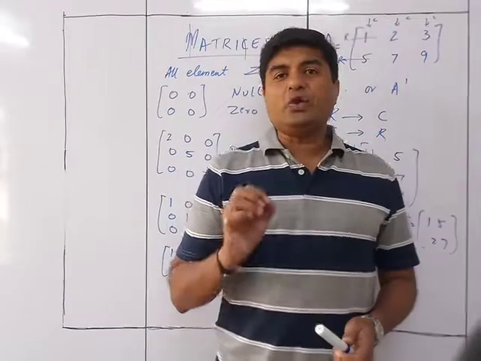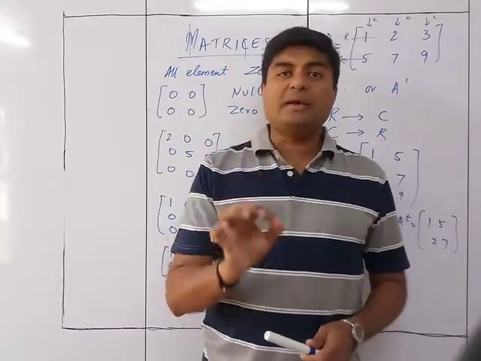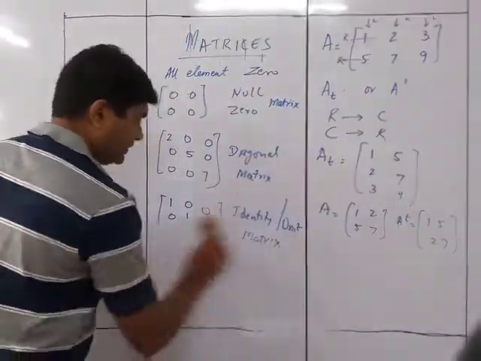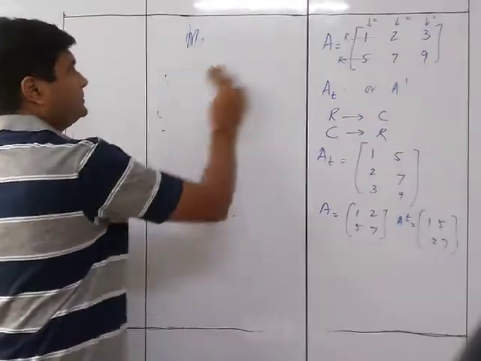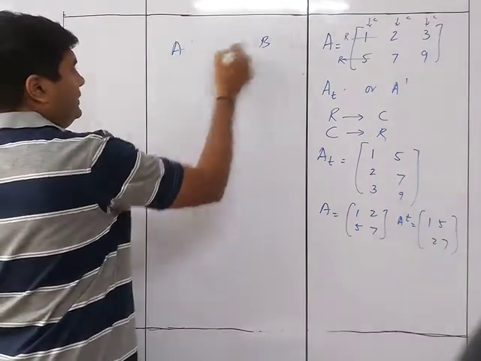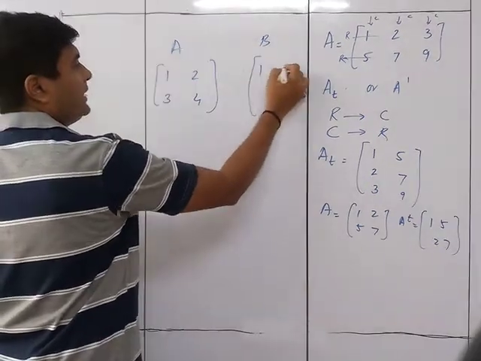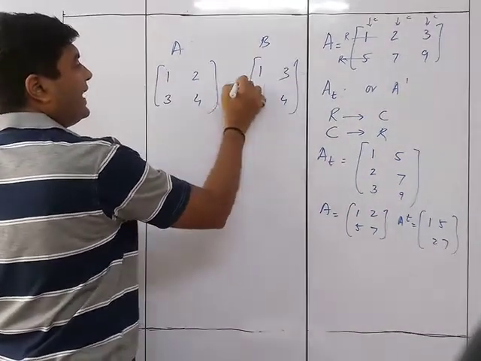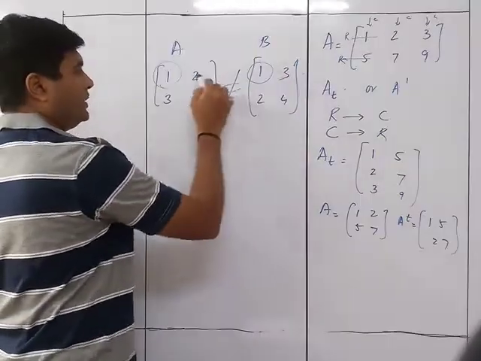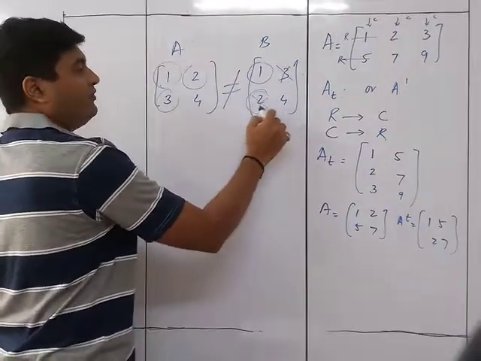Now any two matrices are said to be equal if all the elements and the positions of the elements are the same. So if I have two matrices, matrix A and matrix B, if this is 1 2 3 4 and this over here is 1 3 2 4, then they are not equal. They are equal only when this 1 has a 1 over here, this 2 has a 2 over here, 3 has a 3 over here, and 4 has a 4 over here.